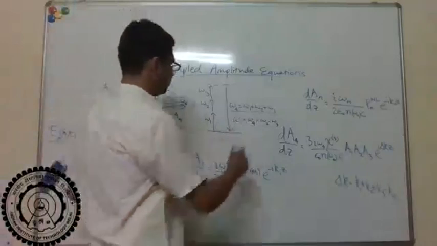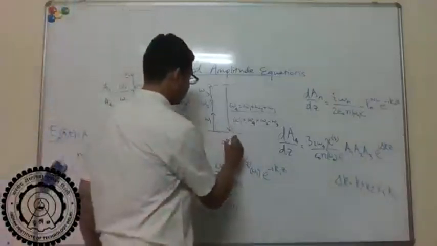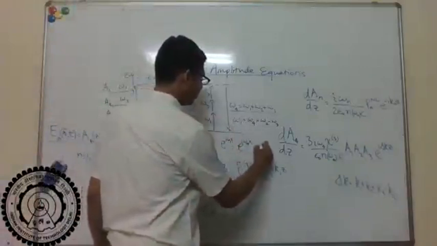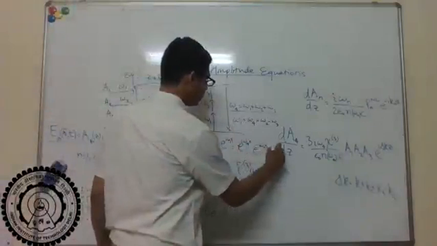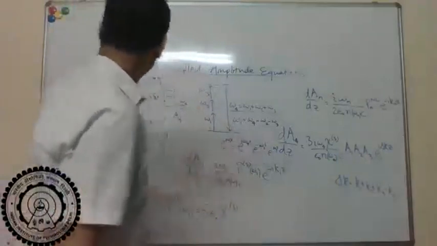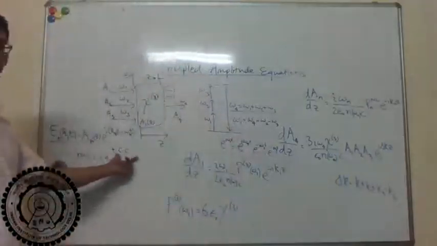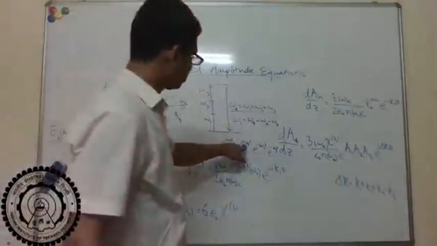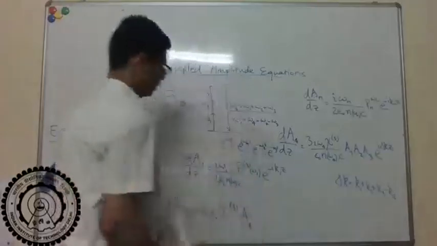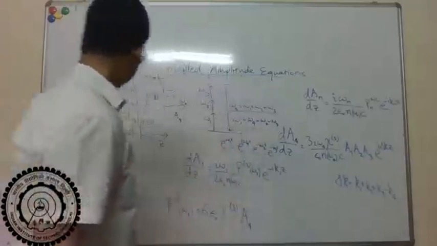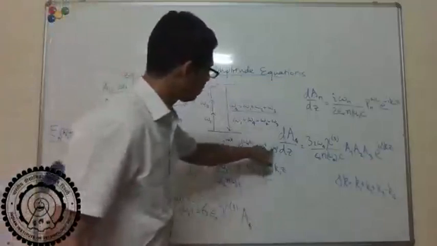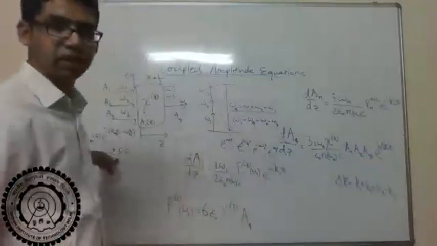So basically what I'm saying is I can write e to the i omega 1 t as e to the i omega 4 t times e to the minus i omega 2 t times e to the minus i omega 3 t. So you know the electric field is something plus complex conjugate. So e to the i omega 4 t comes from the first part, A4, then the other two are minus sign, which means they come from the complex conjugate part.